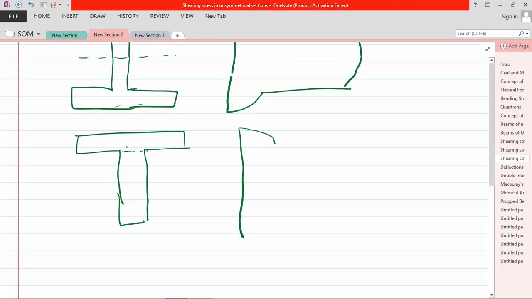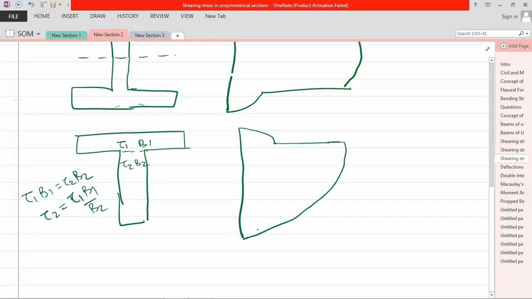And at this point, if this is tau 1 b1 and tau 2 b2, then tau 1 b1 is equal to tau 2 b2. Therefore, the shear stress tau 2 is equal to tau 1 b1 by b2. So here you get again an increase, and then it will again be parabolic, and at the extreme it will be 0.